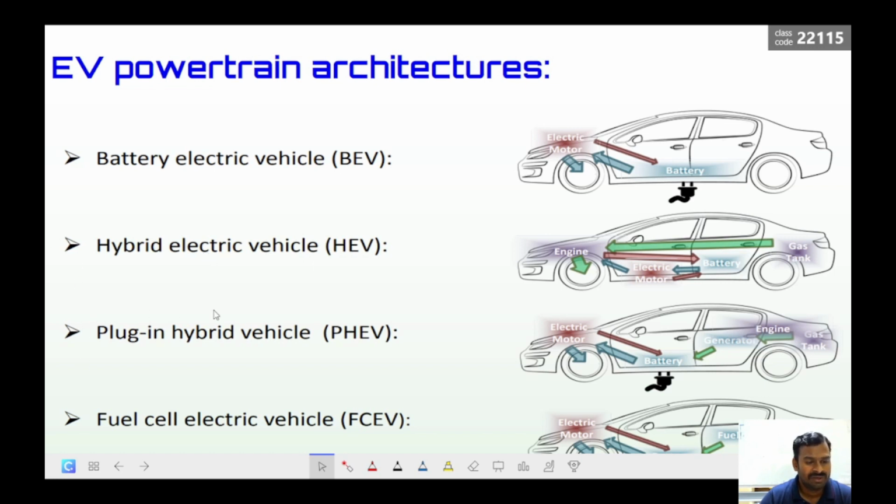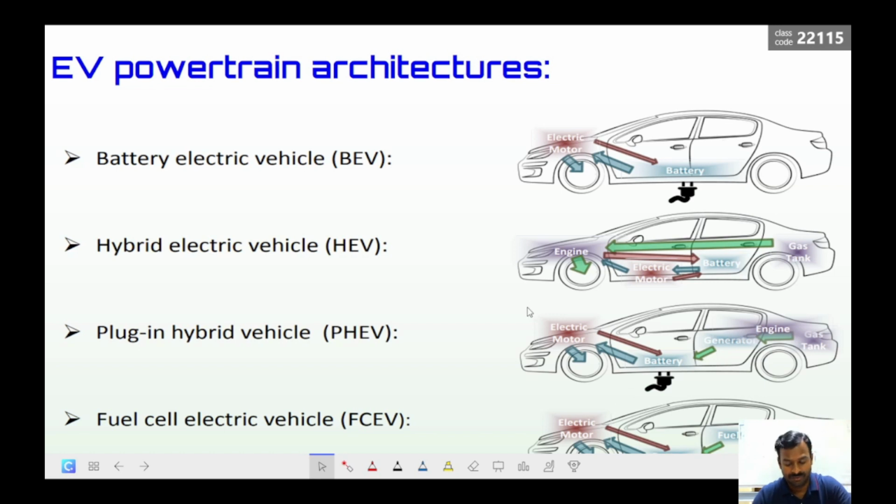In the plug-in type, we charge the vehicle with a plug connected to the outlets. And in fuel cell electrical vehicles, the energy source is fuel cells, which convert the energy into electrical energy, and that electrical energy is stored in the batteries and then used for driving the car.